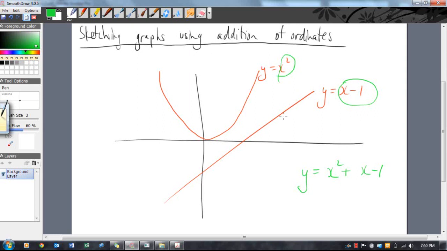That will give you your final function. x squared gives you the y value for that part, x minus 1 gives you the y value for that part, so all you've got to do is add them together. For each individual x value, you look at the y values and add them up together.